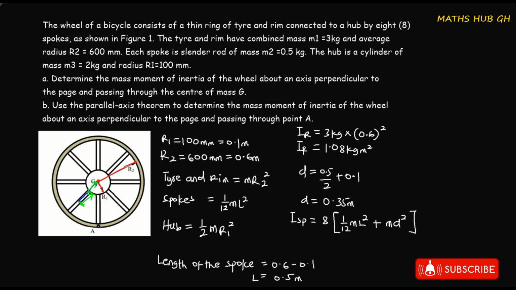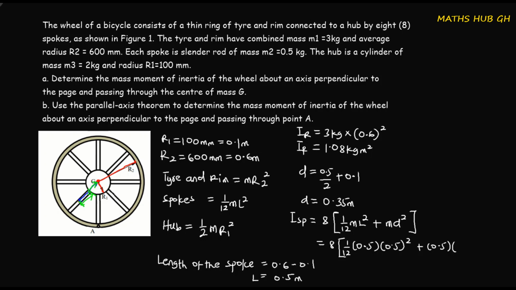Okay, so now let's substitute in the values and see what we will get. So we have 8 here multiplying 1 over 12, and then we know the mass of the spokes to be 0.5, so we have 0.5 here, and then the length to be 0.5, so 0.5 squared, plus the mass is 0.5, and then the distance d, which is the distance of the center of mass of the spokes from the axis of rotation, which is 0.35.